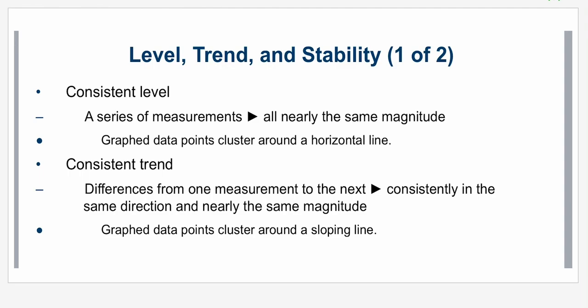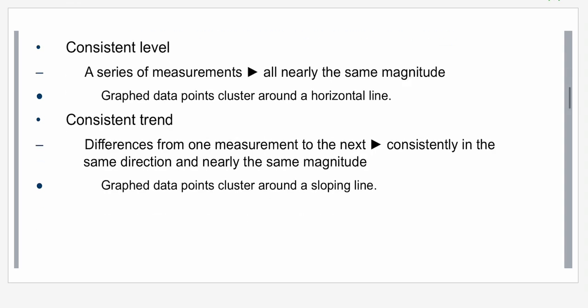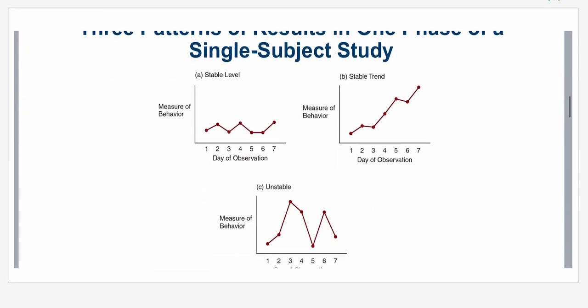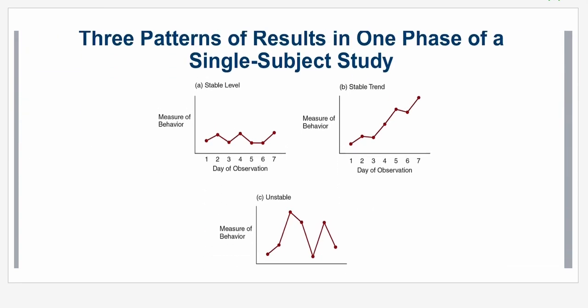And so when we say consistent level, what we mean is a series of measurements that are all relatively the same magnitude. And it says graph data points cluster around a horizontal line. So let me show you what that looks like. That is graph A here that says stable level. So you can see how they do vary.